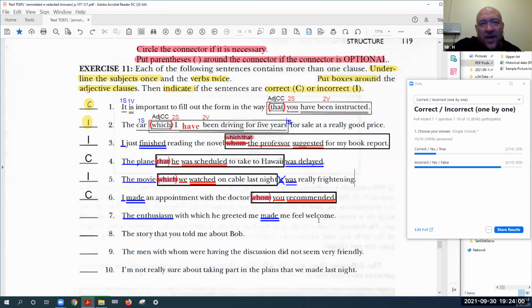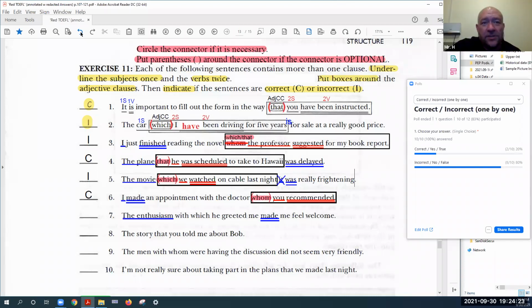What's next? What else do we have here? Talk to me, people. Adjective clauses. Okay. But tell me the key parts. Which. All right. What is it? Connector.